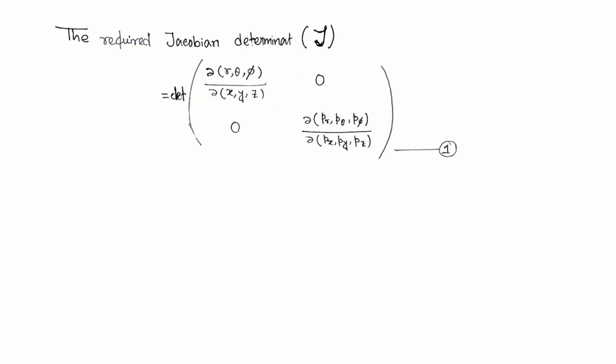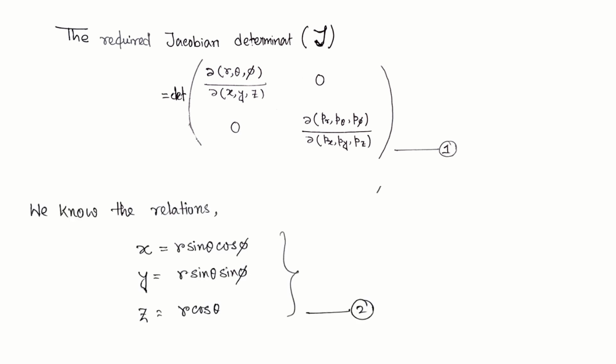Okay, let's go. So we know the relation between the units in Cartesian and spherical. These are the relations we all know: x equal to r sin theta cos phi, y equal to r sin theta sin phi, and z equal to r cos theta. And from classical mechanics, we have solved the Hamilton's equations of motion.